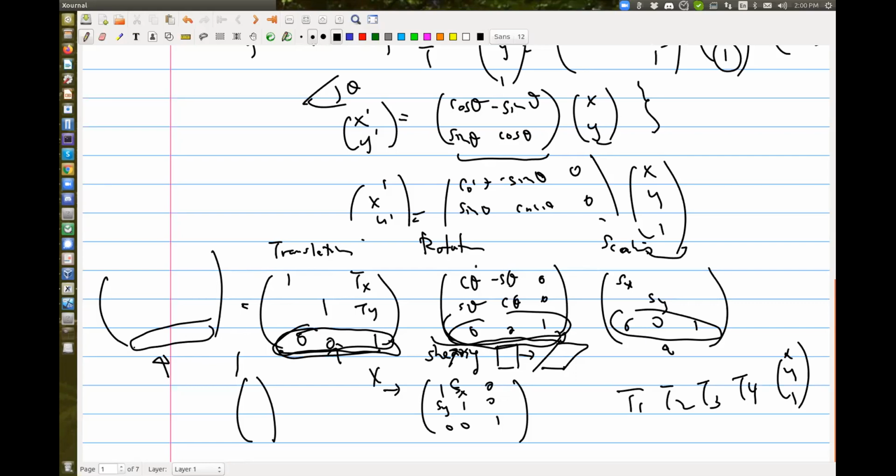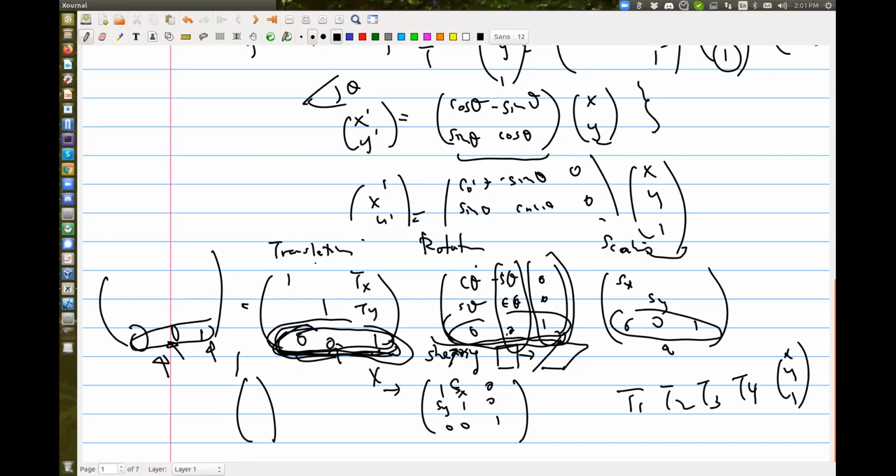The first element will be this row multiplied by this column, so that would be 0. The next element will again be 0, because the first two elements are 0, so 0 plus 0, and 1 times 0 is also 0. The last one will be this row multiplied by this column, so that will be 1.